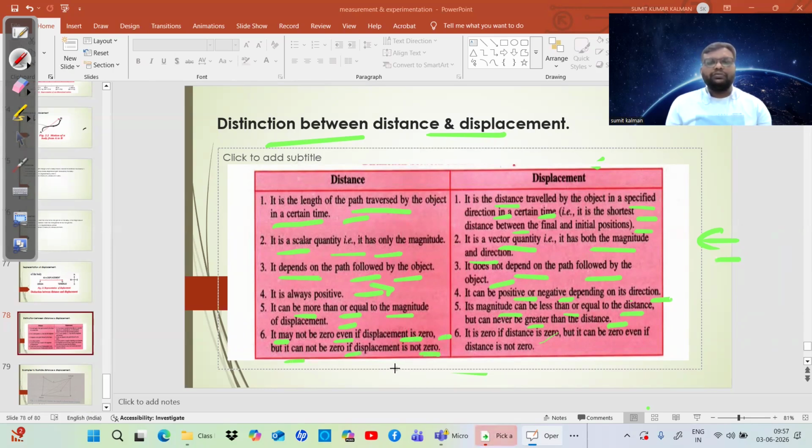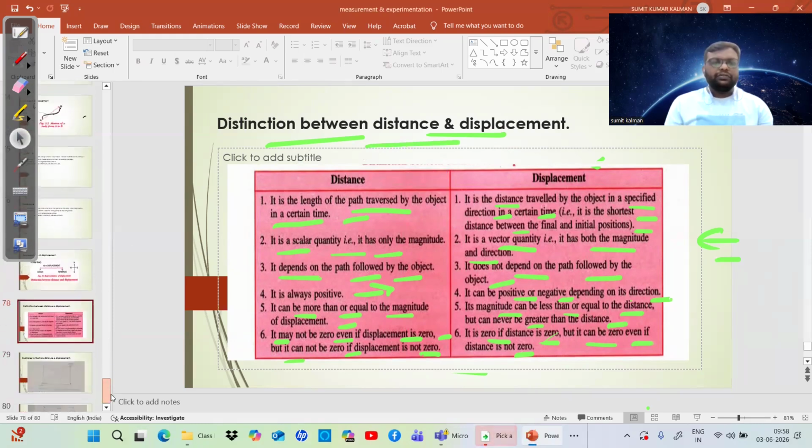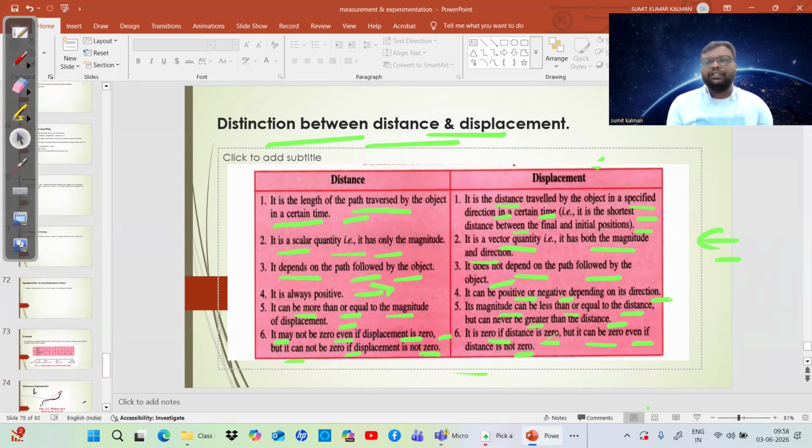So displacement can be zero even if distance is not zero. So this was all about the distinction between distance and displacement.